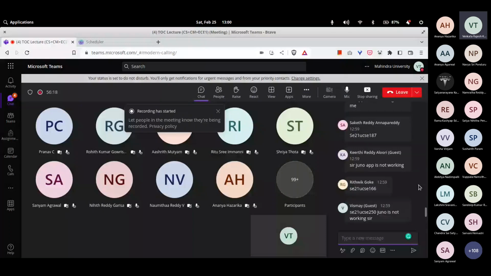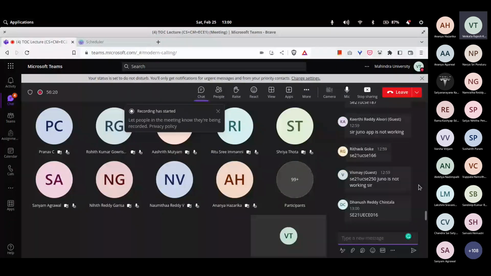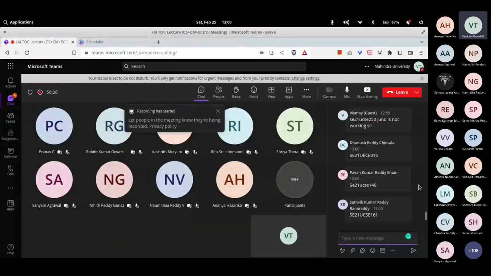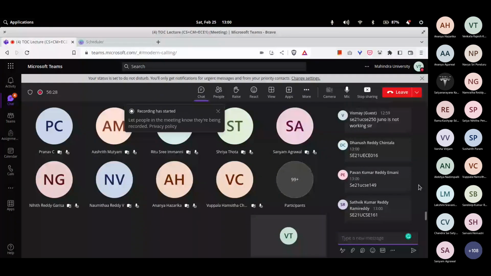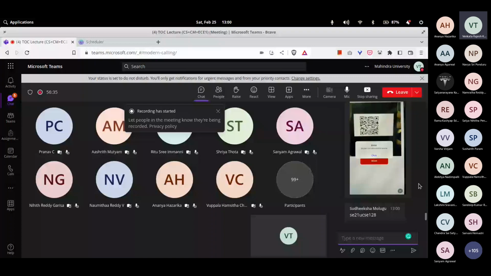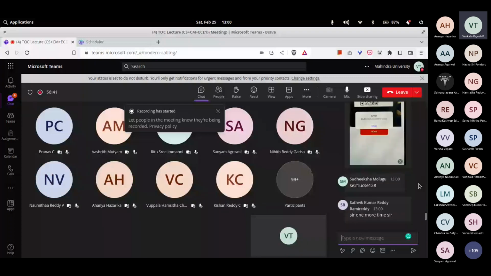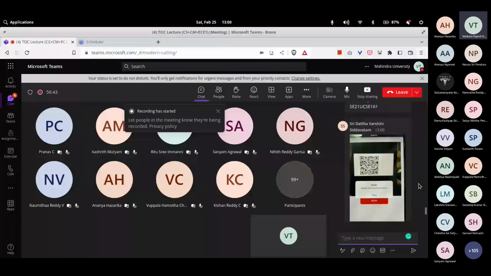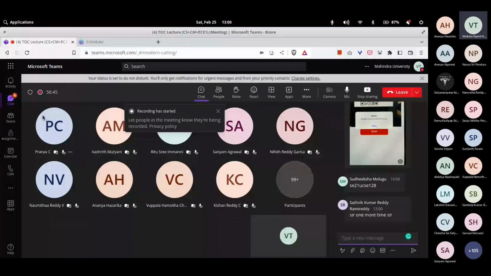I showed it 3 times. For many people, it is working. You people have joined now. That's why you're asking. Whoever got an error, you post me the screenshot, like the student did. That's a good thing.